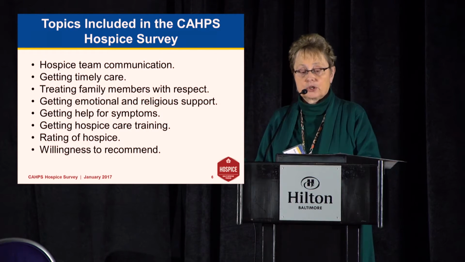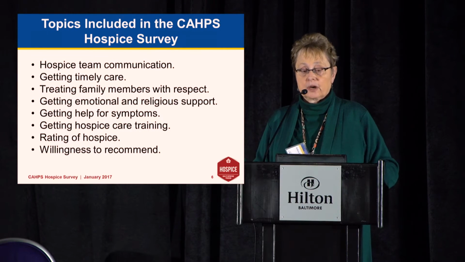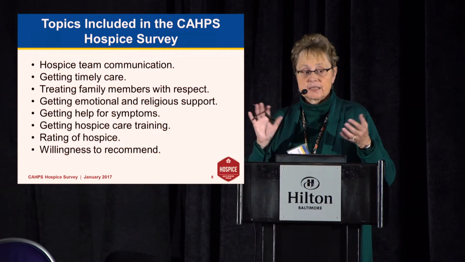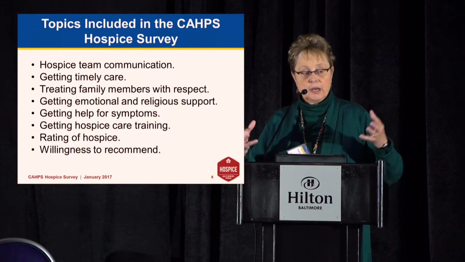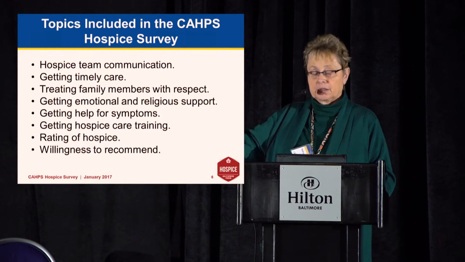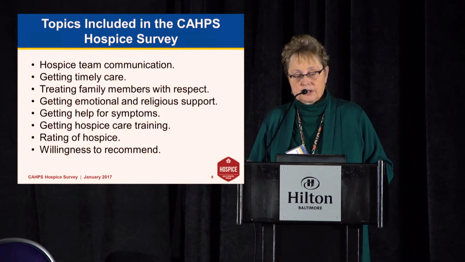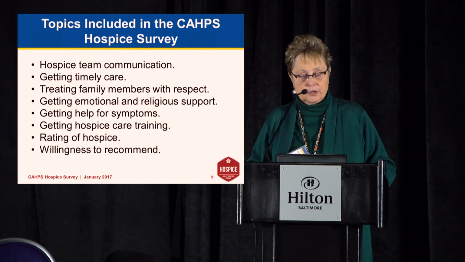There are also questions about how well the hospice staff kept the caregiver informed. Okay? Now, these are various aspects of communications, and so what we try to do is bring them together, create an average score, and that is what the composite measure reflects. All of the composite members have multiple items in the measure.